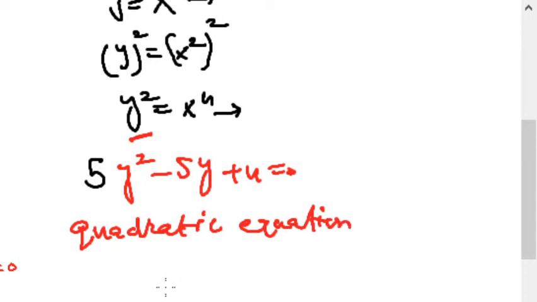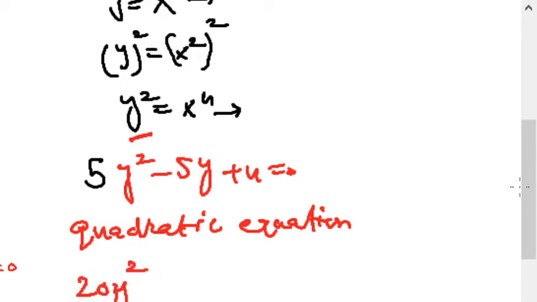We changed the equation, which was not quadratic, a disguised equation, into this form. Now this is a pure quadratic equation, and we know how to solve it because our teachers have taught us. Multiply the last and the first, so I got 20y square.